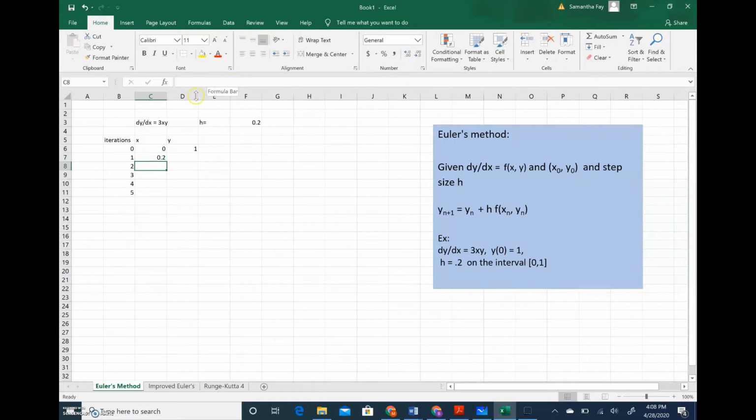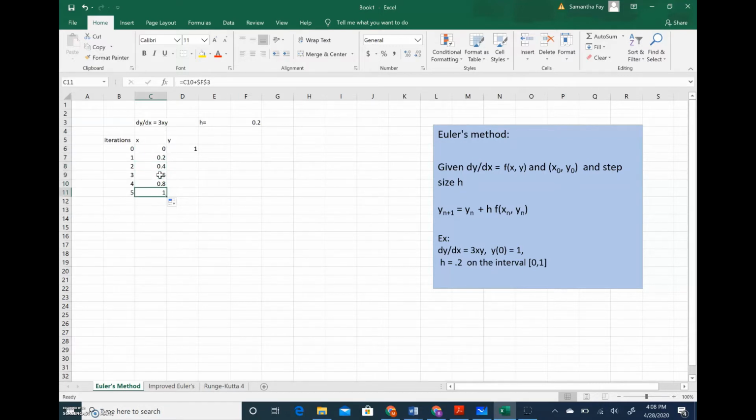I can hit enter, and then what's really nice is you can use what's called a fill handle: you grab this corner and drag down, and it will automatically fill in these formulas. Notice the things that didn't have the dollar signs changed as I moved down, but the thing that did have the dollar sign stayed the same.